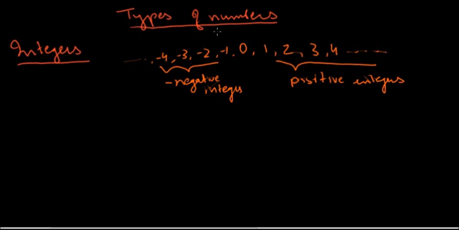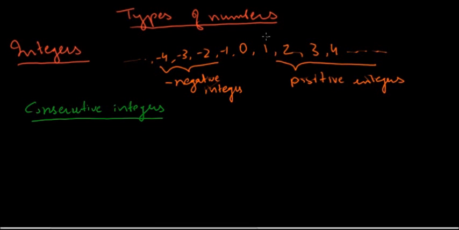Another terminology that you'll see in GRE is consecutive integers. Consecutive integers are any number of integers that are next to each other on the number line.